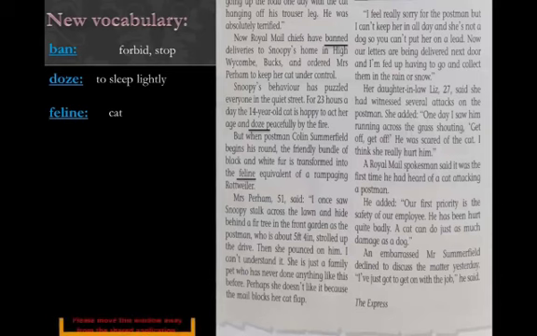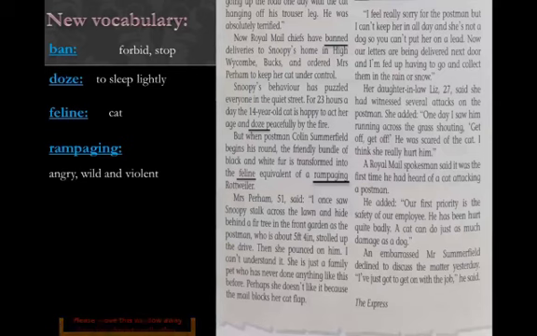Of a rampaging, rampaging means angry, wild, and violent. Rottweiler, this is a wild kind of German dog. So just when the cat sees the postman, in a minute she turns as if she's a wild, angry, and violent dog.